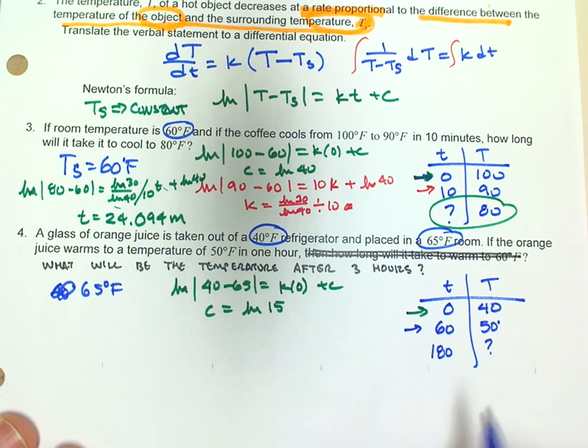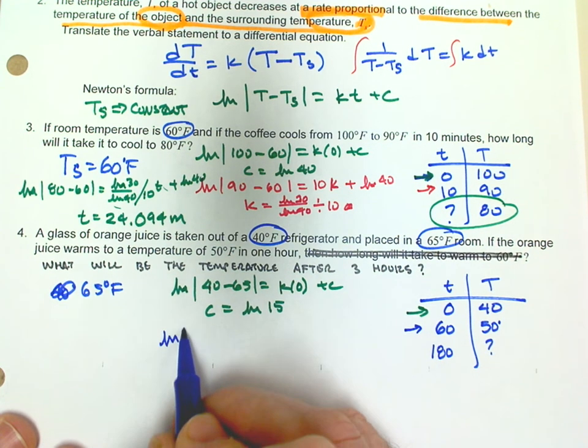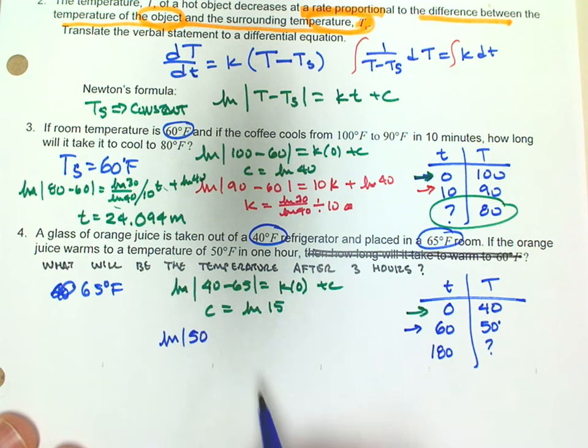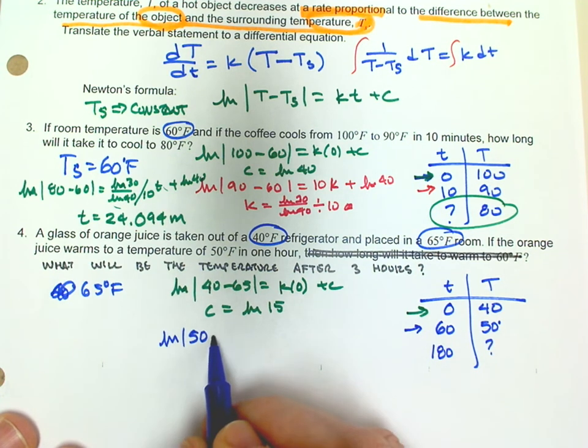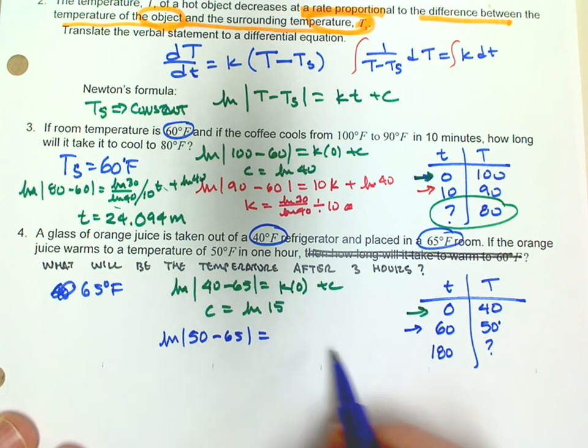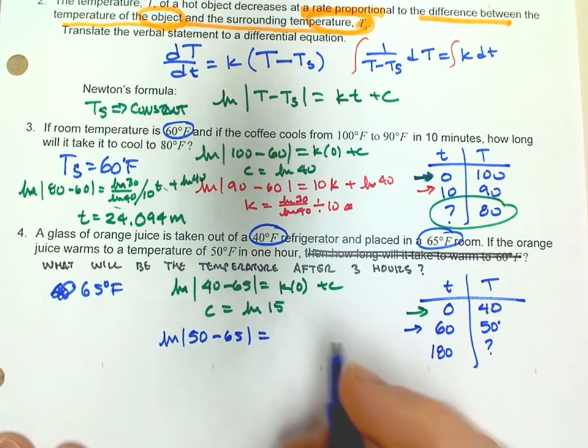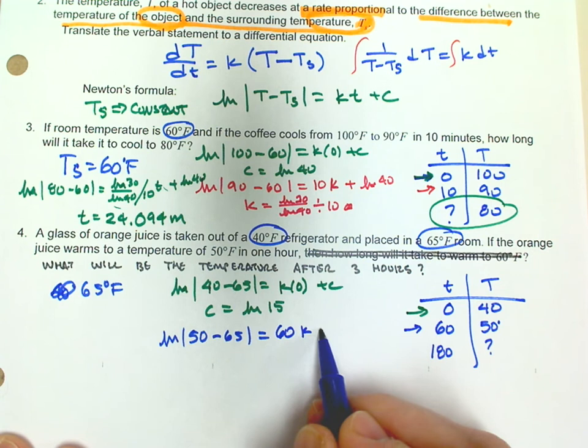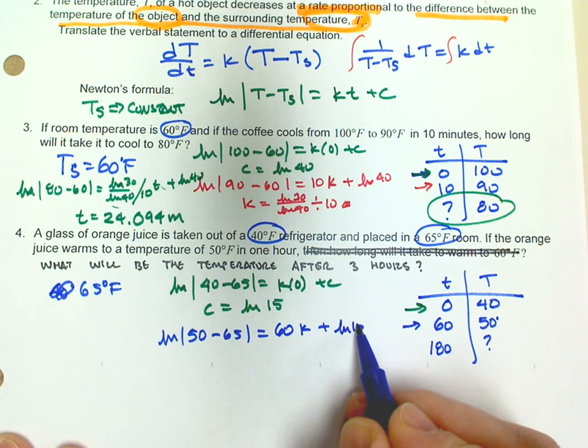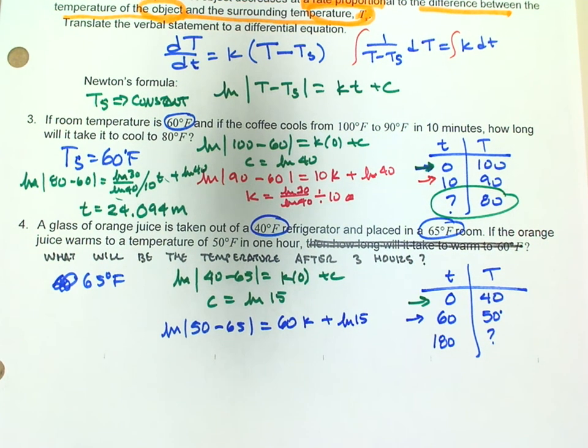Next, we'll use this information here, the natural log of the 50 degree orange juice minus 65, the surrounding temperature, at time T equals 60 times K plus the constant of 15 is going to give us the value of K.